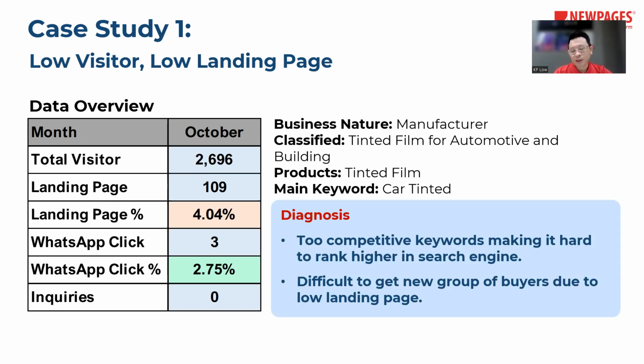It makes it hard to rank high in the search engine. That's the reason why, when it comes to the SERP, the search engine result page, people can't find you. Maybe your website is listed on page 4 or page 5. That's why people can't find you, and that affects your total number of visitors.